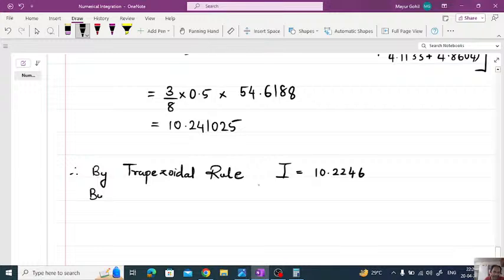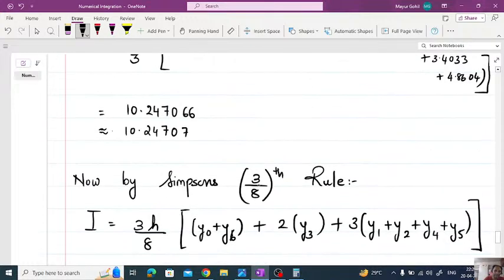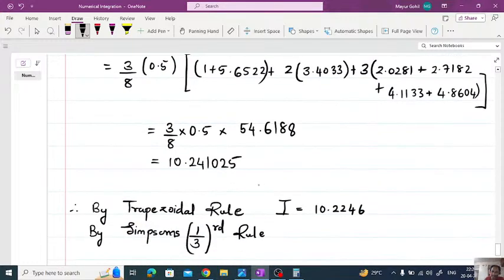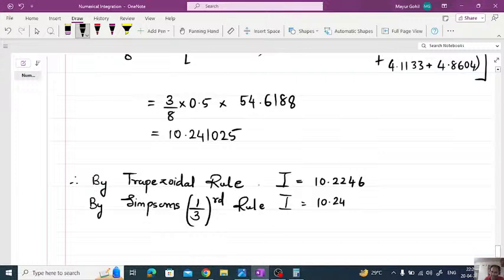By Simpson's one third rule, how much is the answer? 10.24, okay, 10.24707. Okay, no problem.